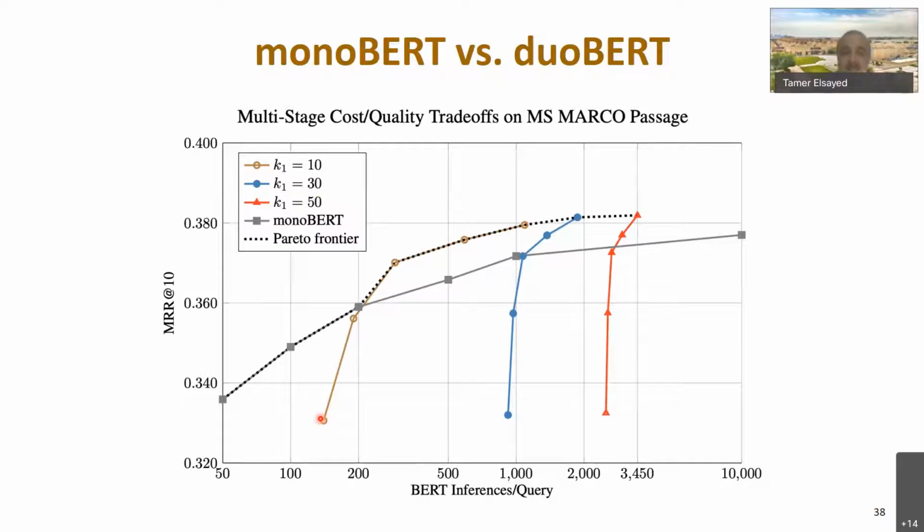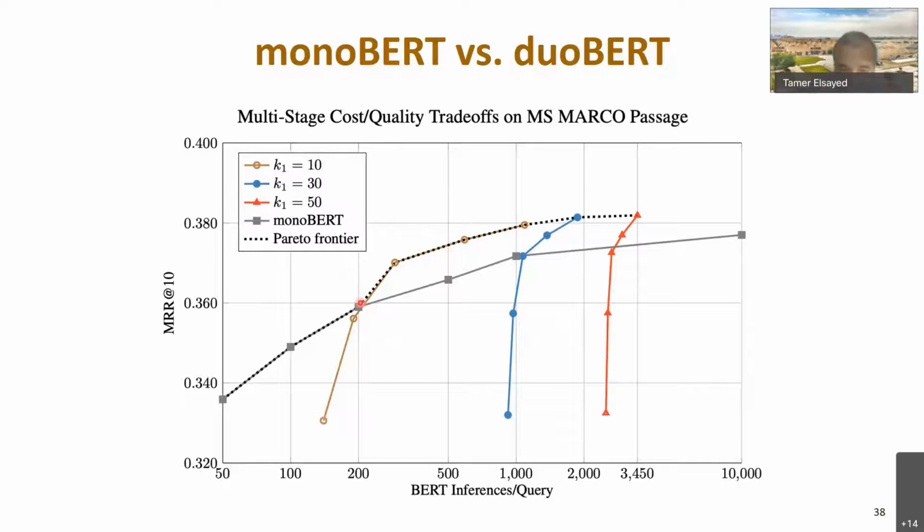What is the size of the list that was input to mono BERT, and what is the size of the list that was input to duo BERT? Here we assume that K1 is always 10. K1 is the list for duo BERT. So for the brown, we always take the top 10 out of mono BERT.